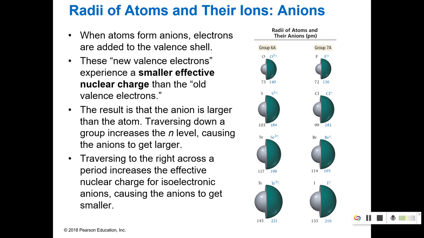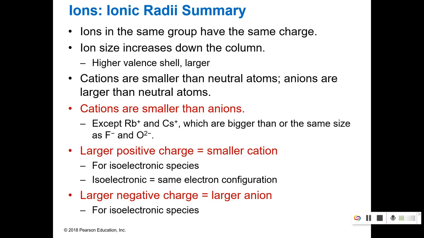Okay, anions are the opposite, which is pretty common. Cations and anions are opposite. They will get electrons added, which means they become larger. Anions are going to get larger than the atom.